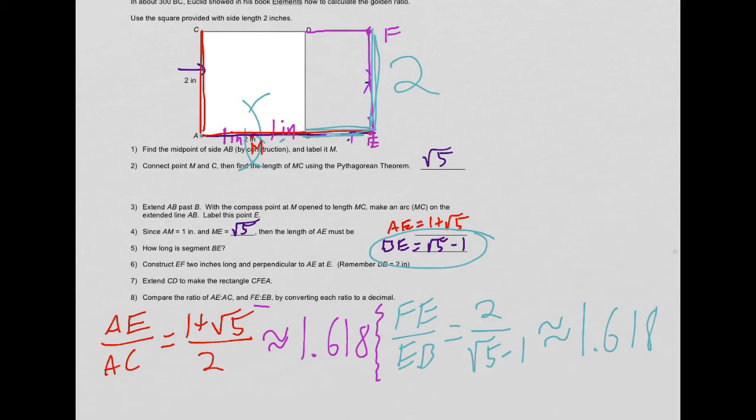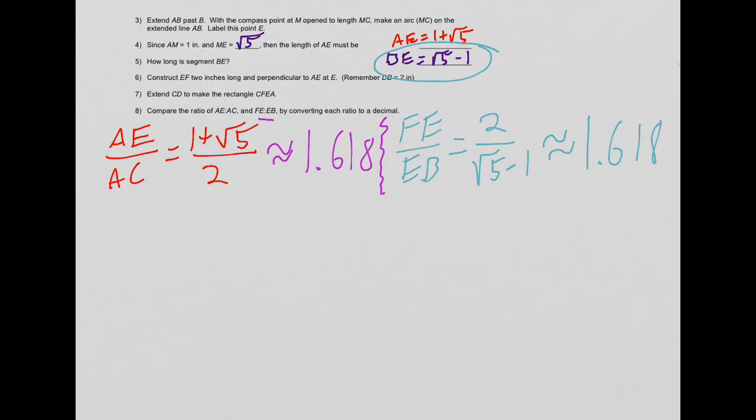Alright, so what does this all mean? This means that AE is 1.618 times the length of AC, and FE is 1.618 times the length of EB. Let me draw this rectangle again, and we can take a look at what that means.